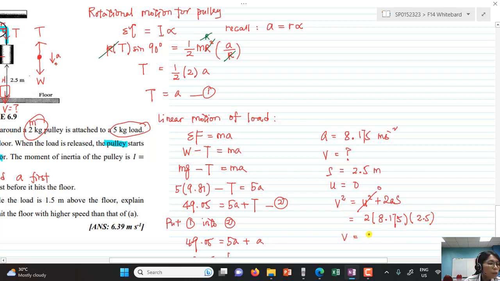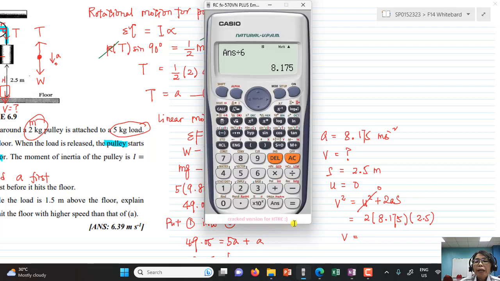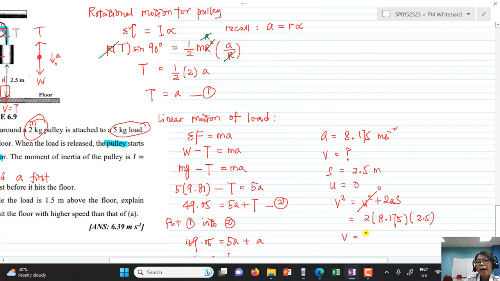Let's calculate, 2 times 8.175 times 2.5, so I get 40.875, square root. So my answer is 6.39 meter per second. So this will be our answer for question A.